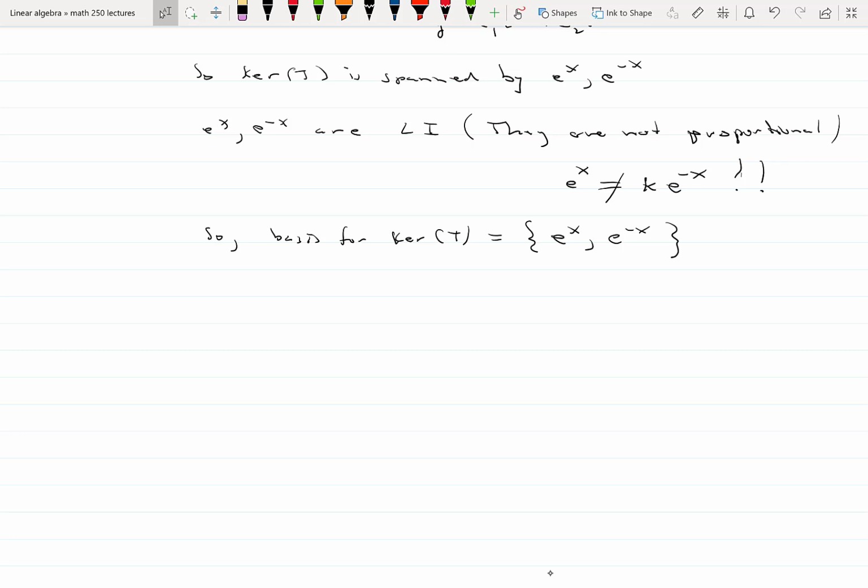What other space were we finding bases for? We were finding bases for column spaces. So let's see how column spaces come into play when we're talking about matrix transformations.